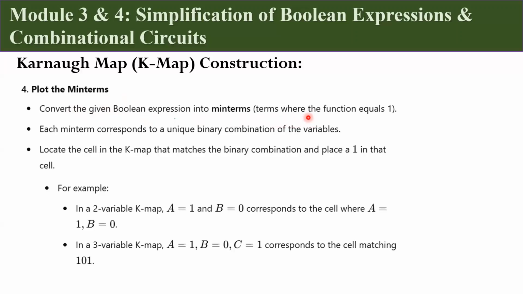That is the terms where the function equals 1. Each min term corresponds to a unique binary combination of the variables. And you locate the cell in the K-map that matches the binary combination, and then you will place a 1 in that cell.